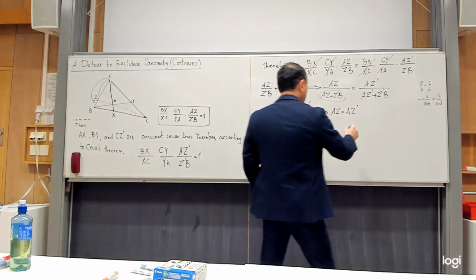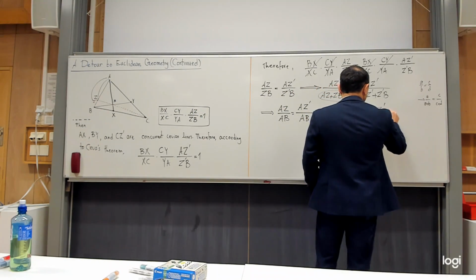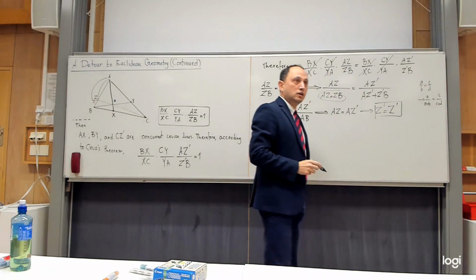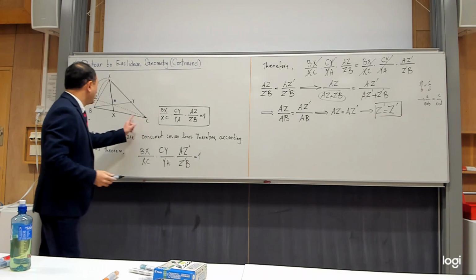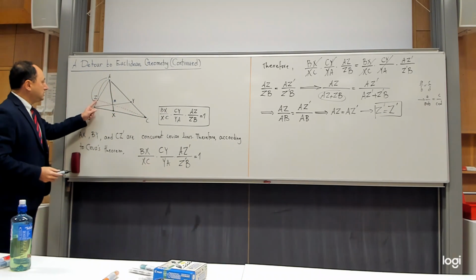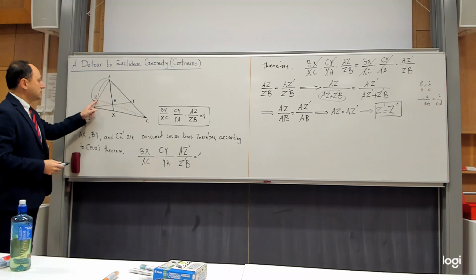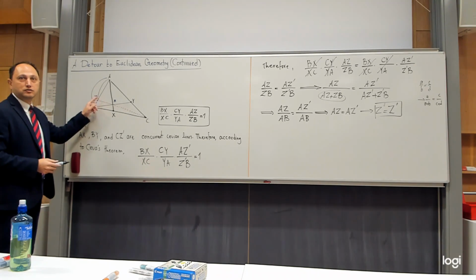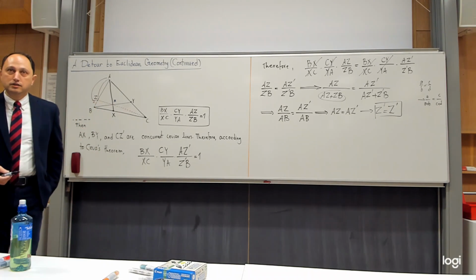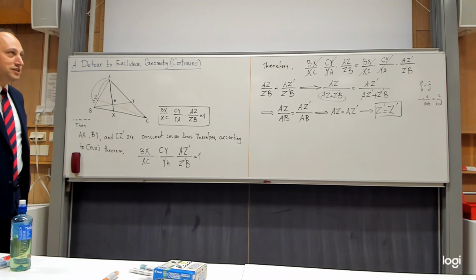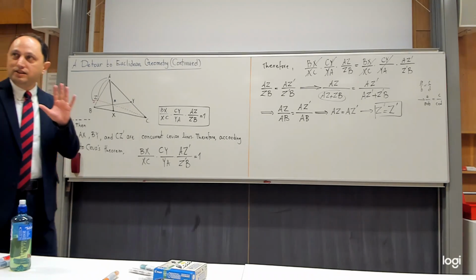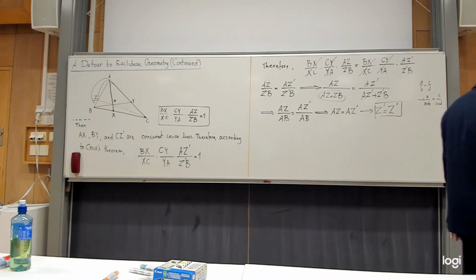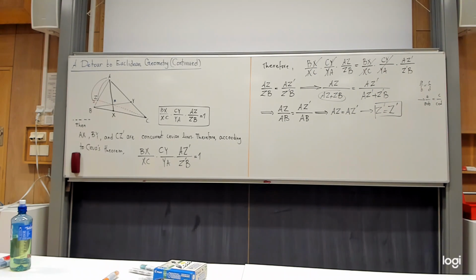So this implies that if I connect this point to this one and continue it so that it will intersect AB at some point, this point is the same as Z. So it means that they are actually concurrent. Is that understandable? So you see, it was not that hard at all, but if you don't have this strategy, if you do not have the correct mind setup, you might be working on this problem for a long time. But now you have a lot of experience, yes?